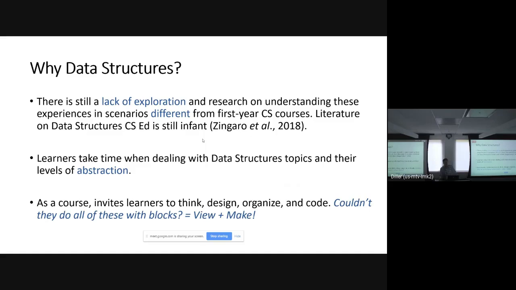We do find researchers saying that the literature on data structure courses, for example, is still in its infancy, is still not there. We're talking about people who have tried to understand what is happening to students who have already completed Computer Science 0, 1, and 2 courses, and get to upper level courses in the computer science curriculum.